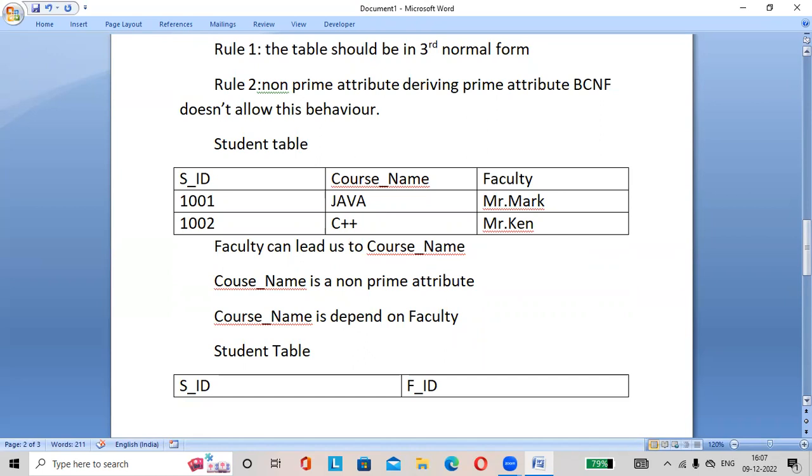Next, a non-primary attribute deriving a primary attribute is not allowed in BCNF. Primary attribute should derive non-primary attribute. Non-primary attribute should not derive the primary attribute. So what we need to do? We need to break the table.